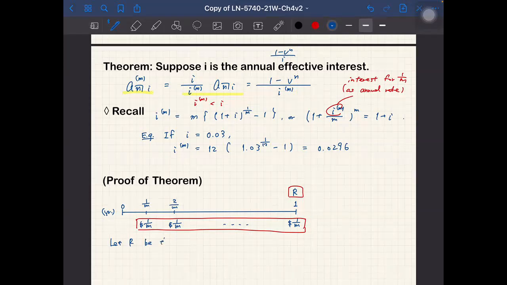So let R be the accumulated value at time 1 of m payments per year of 1 over m dollar each.